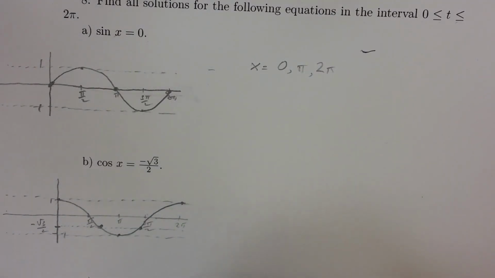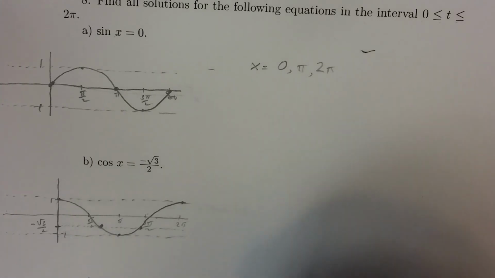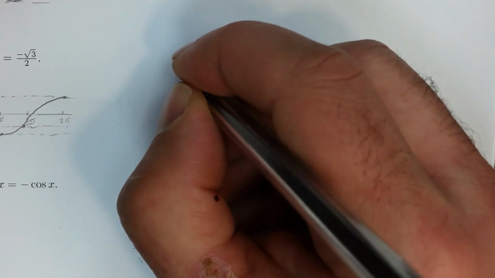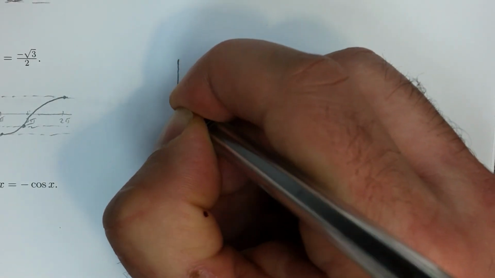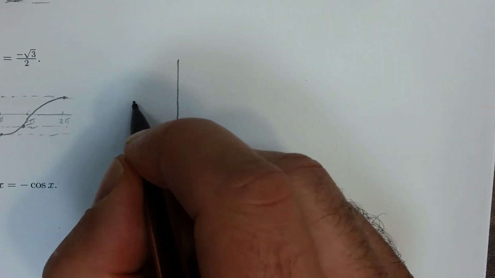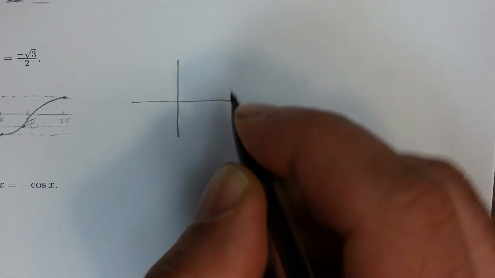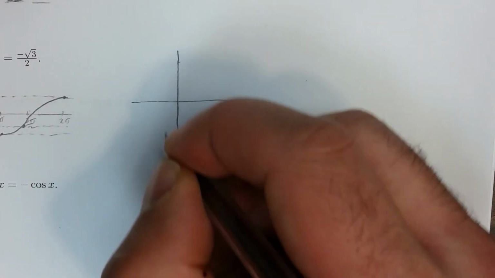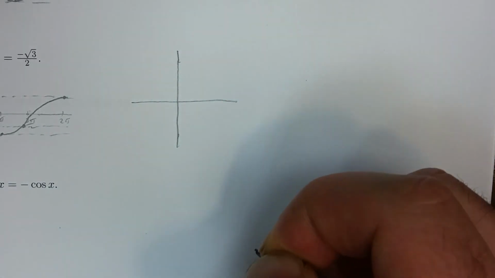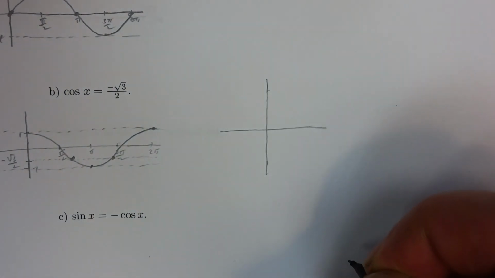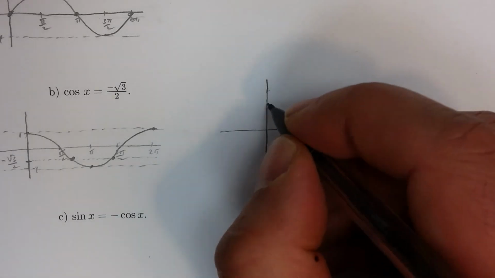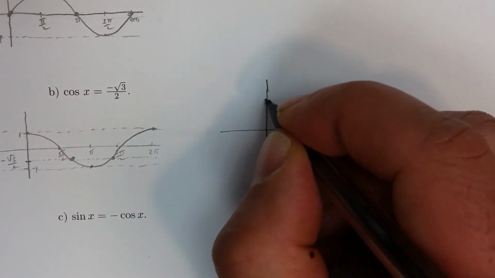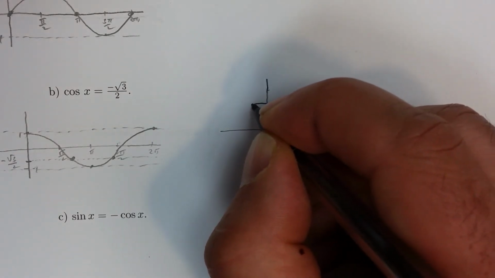The best way to figure this out is to go ahead and take a look at the unit circle. So let's sketch our unit circle here.